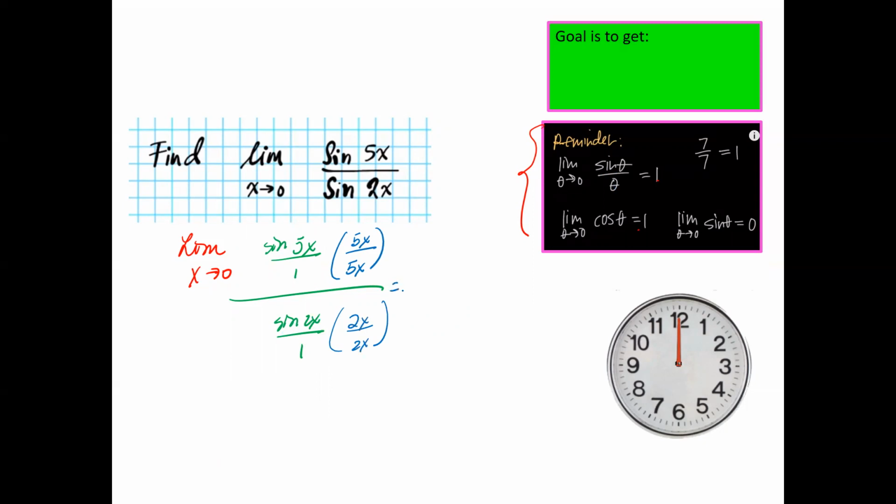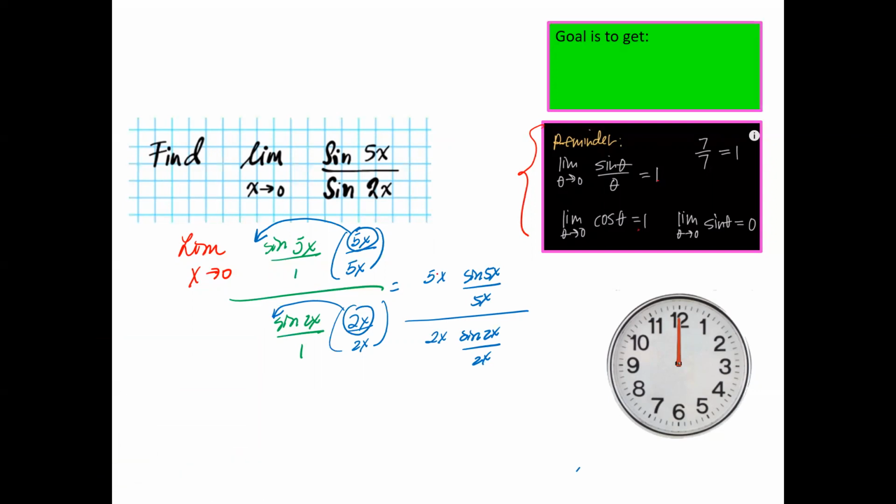So then if I can go ahead and rewrite this, I will then have this part, which I don't technically need, moved over to the front. So I have 5x sine 5x over 5x divided by, move this one over to the front, 2x sine 2x over 2x.